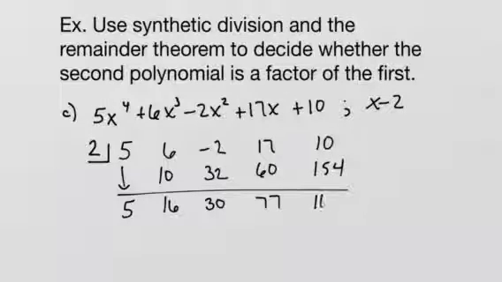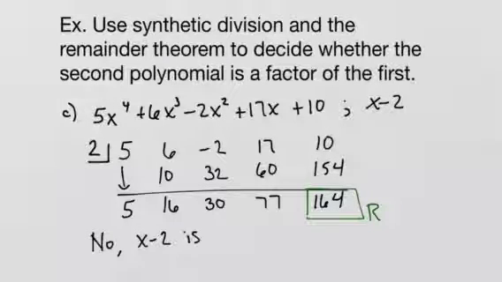And then add to get 164. The last number that we have here is the remainder. According to the factor theorem, in order for x minus 2 to be considered a factor of the given polynomial, we must get a remainder of 0. Since our remainder is not 0, we will say no, x minus 2 is not a factor.